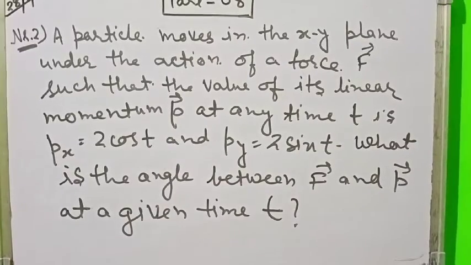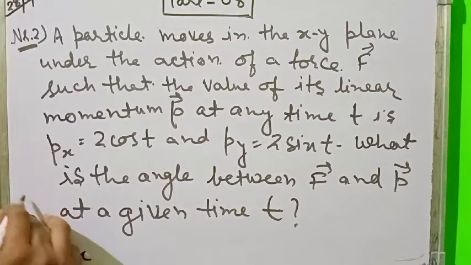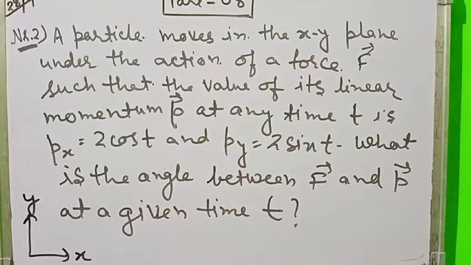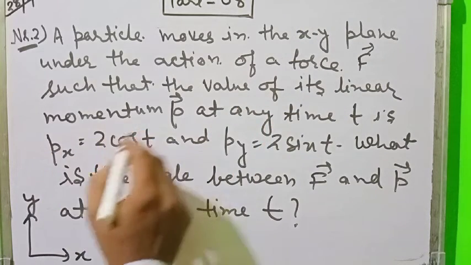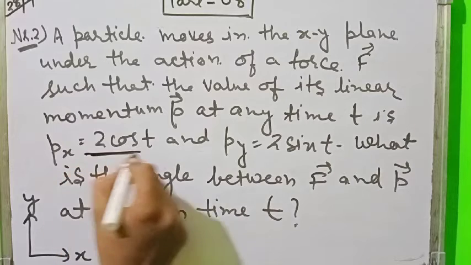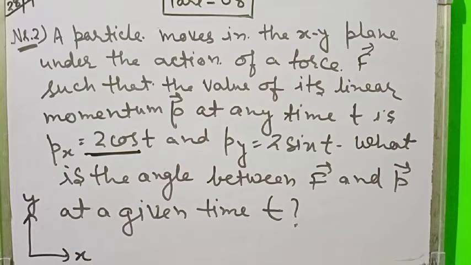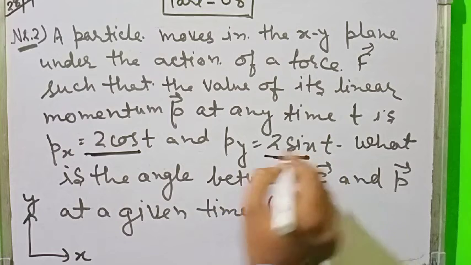Dear students, this is the next question. A particle moves in the xy plane under the action of a force F. This is the x axis and this is the y axis. The linear momentum of the particle along the x direction is 2 cos t, and along y is 2 sin t.